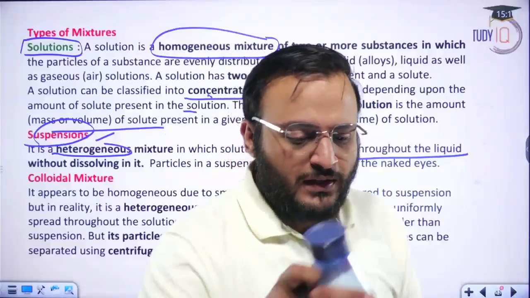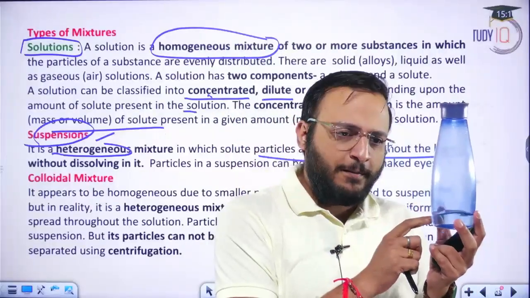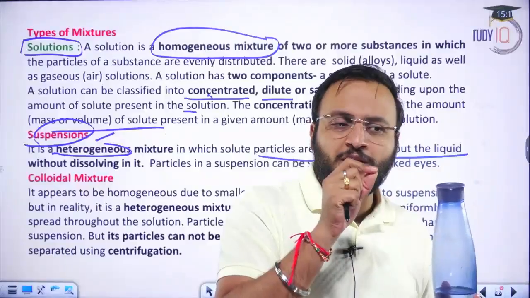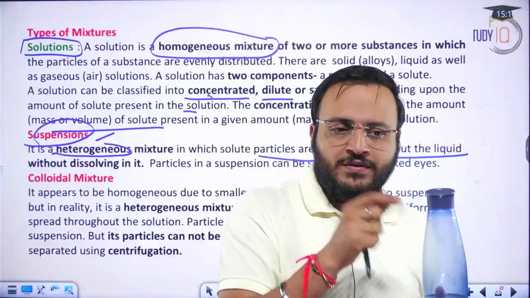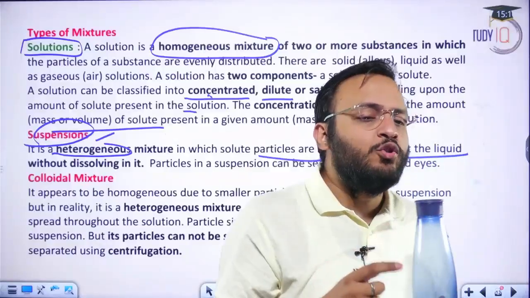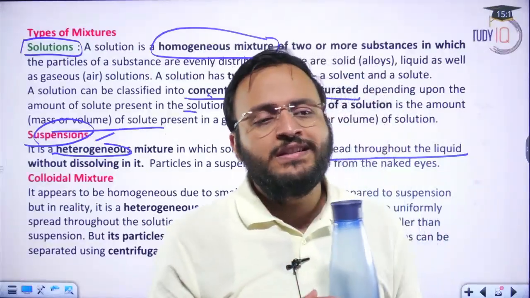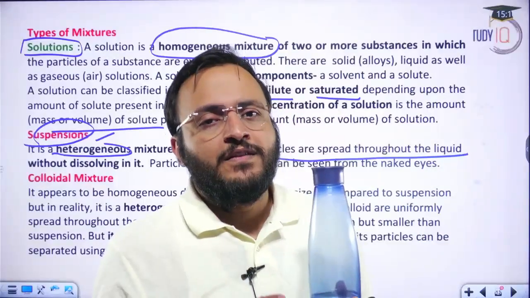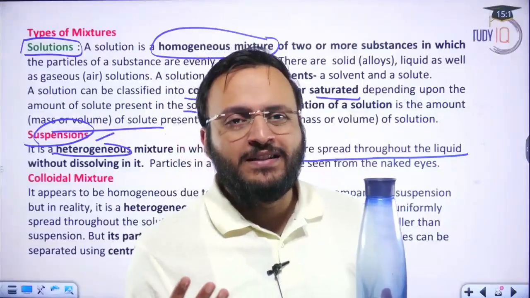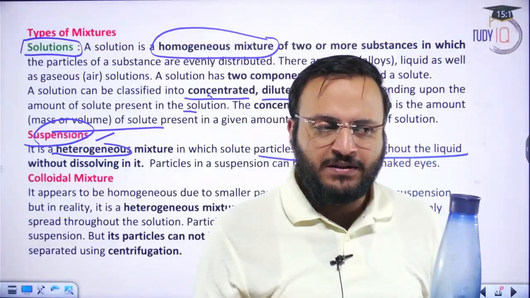For example, if you take this much water and pour in one teaspoon of Glucon-D, the white glucose, and keep mixing it, you would see that the Glucon-D disappears, or plain sugar or plain salt, it completely disappears.